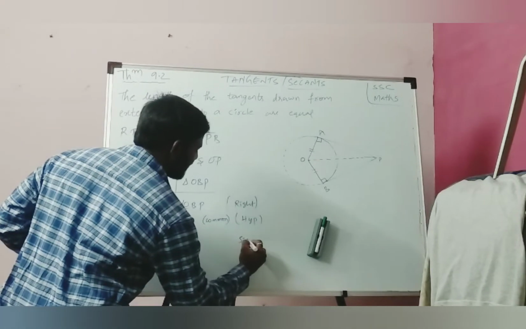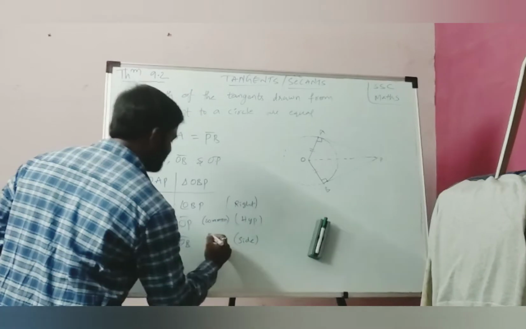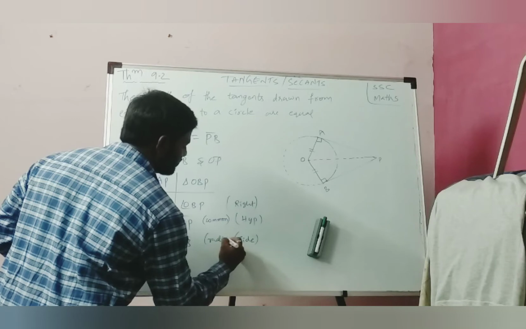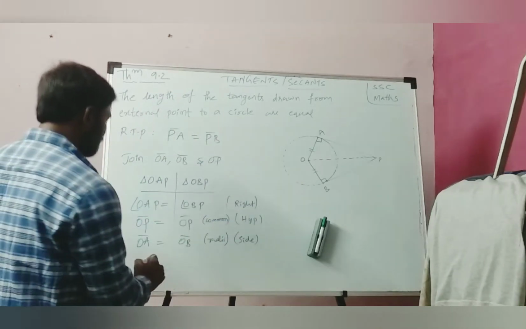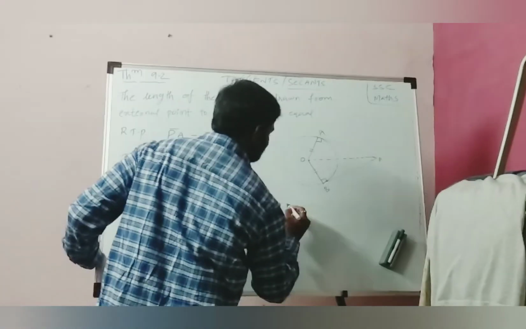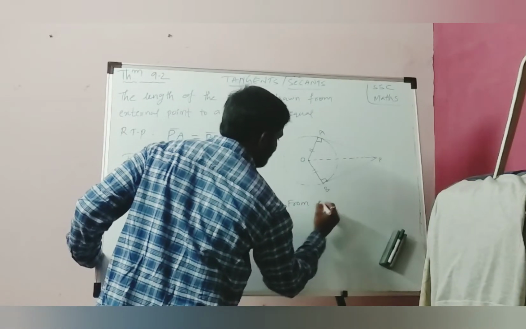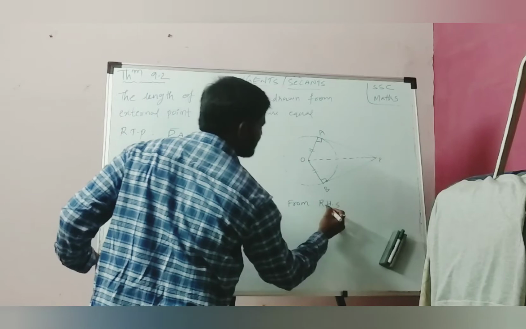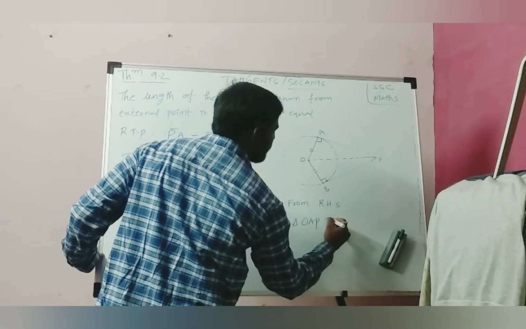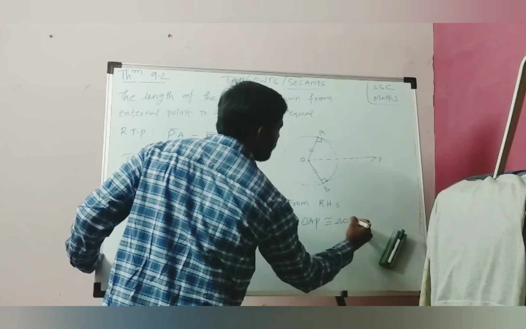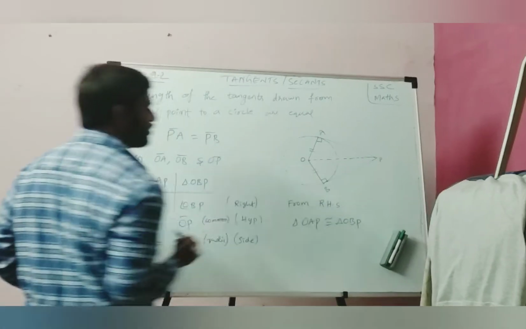This is the side. So which property? RHS. From RHS congruency, triangle OAP is congruent to triangle OBP.